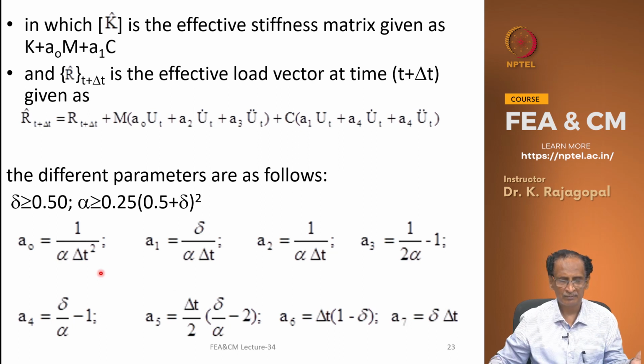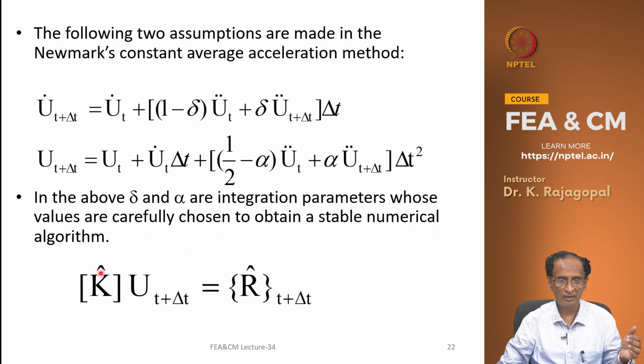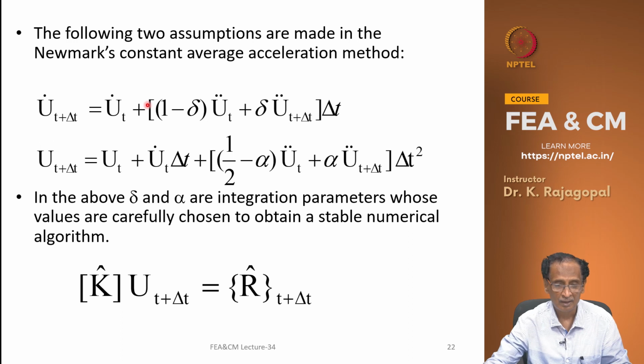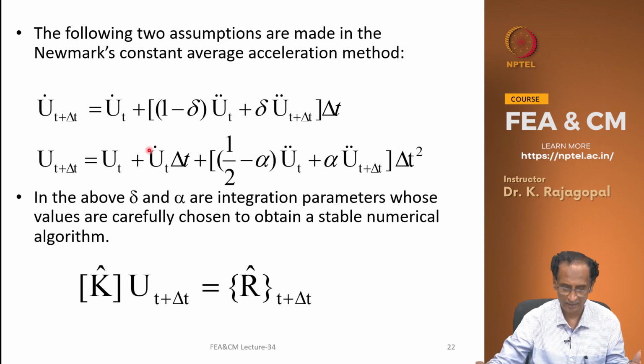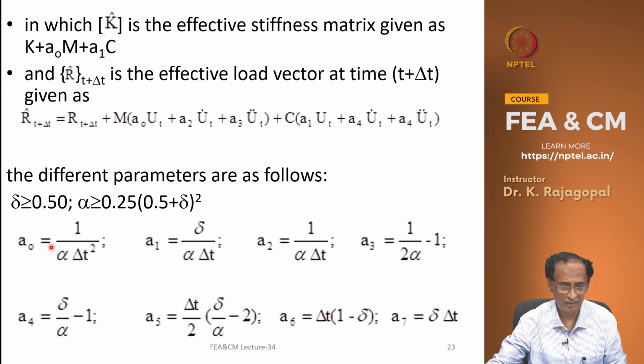Basically we get them by substituting these terms in the governing equation and simplifying. And delta t is the time step length that we can fix.